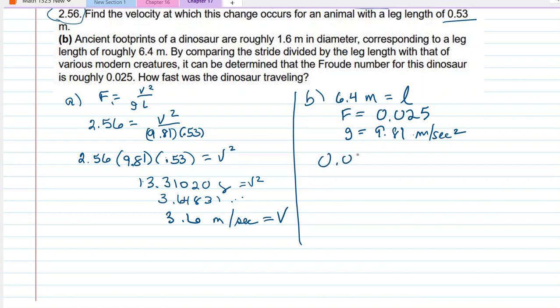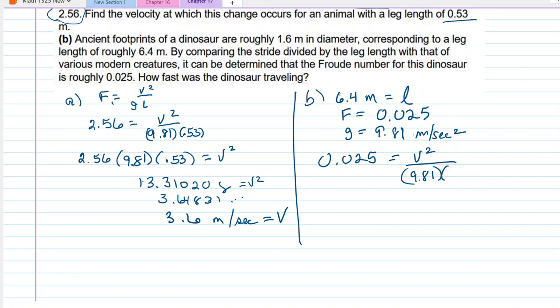All right. So we're having this, and this is per second. That's the problem with visualizing how fast this is. So we have velocity squared over 9.81 times, oops, sorry, not the Froude number, I need the leg, which is 6.4.